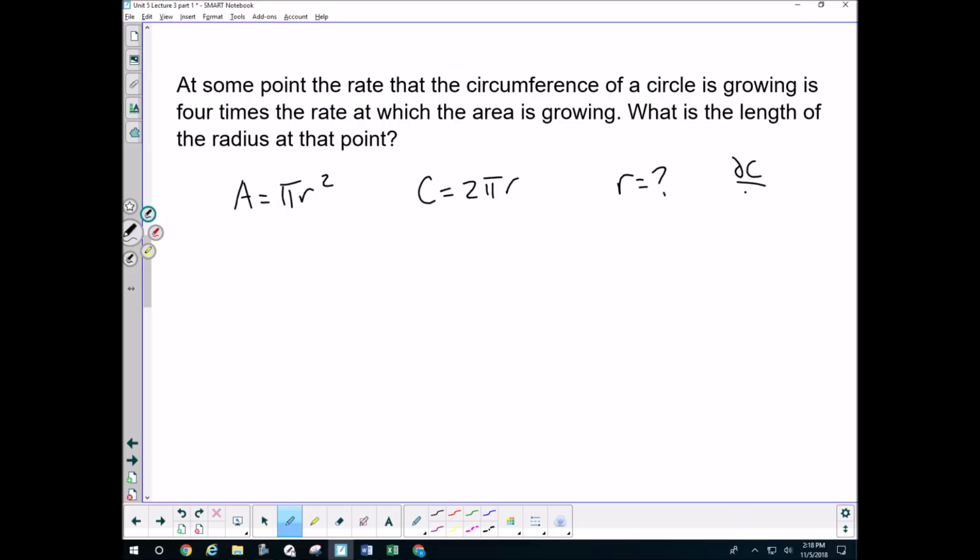This is what we should have down: dC/dt equals 4 dA/dt. I'm trying to find r.